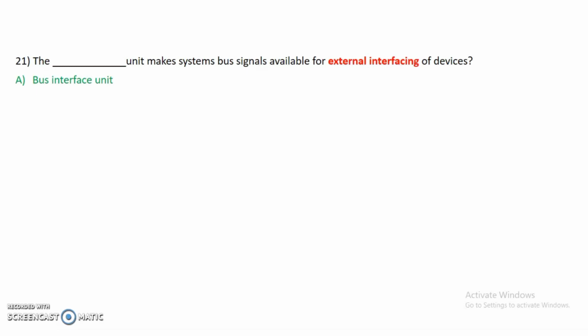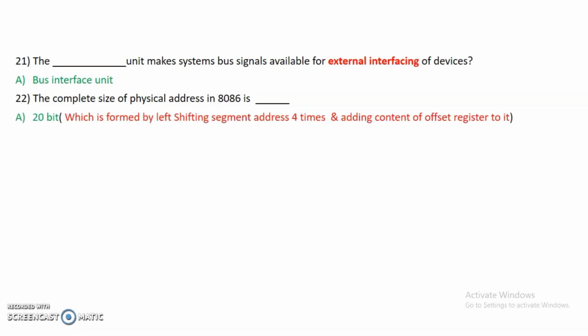If you want to send or receive communication with external devices, there should be some bus signals. The bus signals are provided by the bus interface unit in order to communicate with the external interfacing devices.